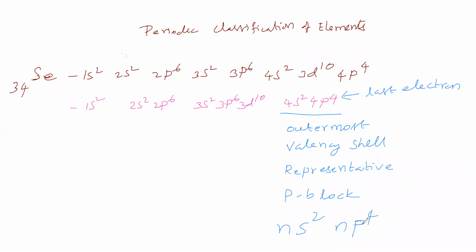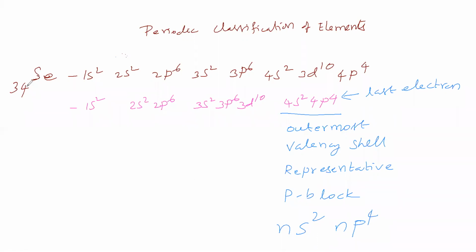Therefore, ns2 np4 is the general valence shell configuration for the group to which selenium belongs.